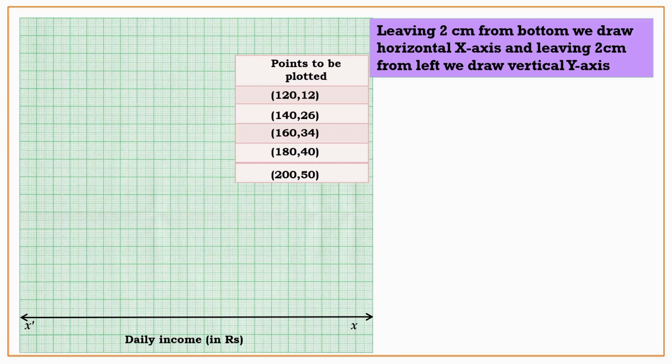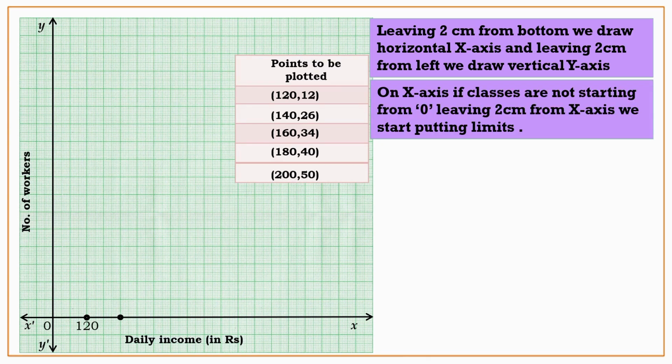On the x-axis we will plot the daily income in rupees, and on the y-axis we plot the number of workers, that is the f_i. On the x-axis, if classes are not starting from 0, leaving 2 centimeters from the y-axis, we start putting the limits. The smallest is 120 and the largest point is 200. So 120, 140, 160, with a gap of 20 in each case, then 180, then 200.